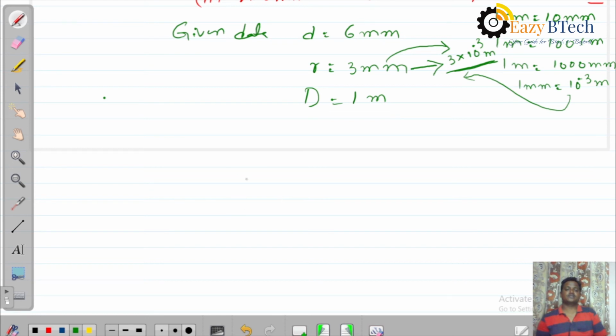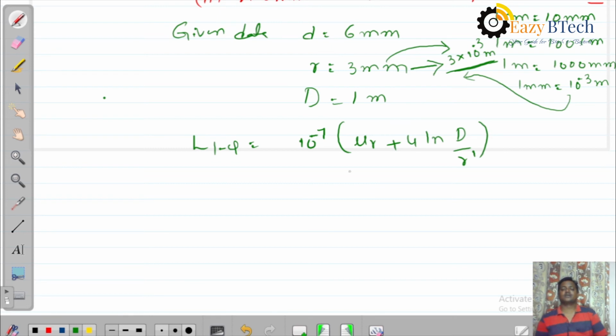The formula for this single phase system is per conductor. We need to calculate per conductor. It is 10 into 10 power minus 7 mu r plus 4 ln d by r dash.